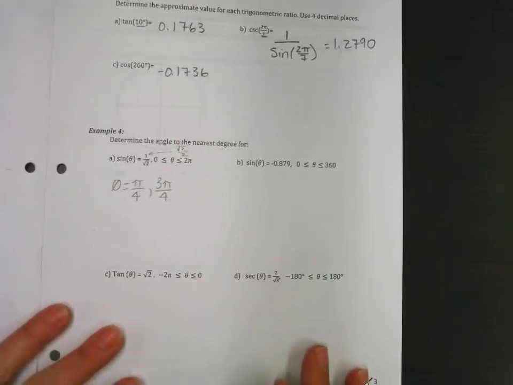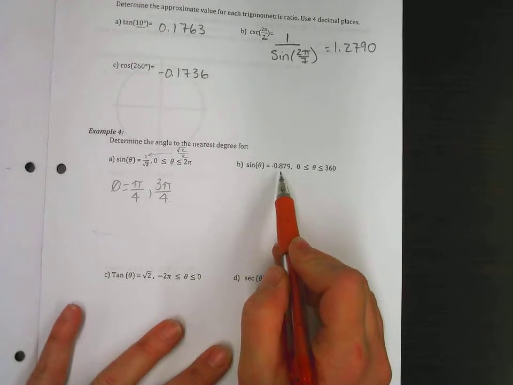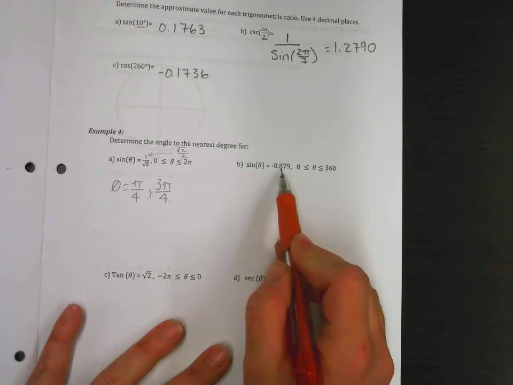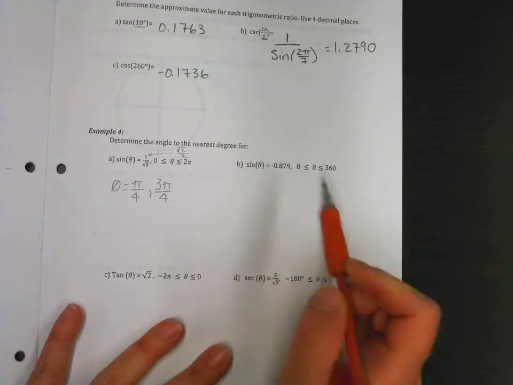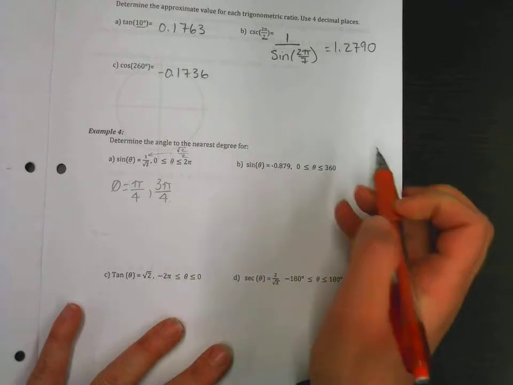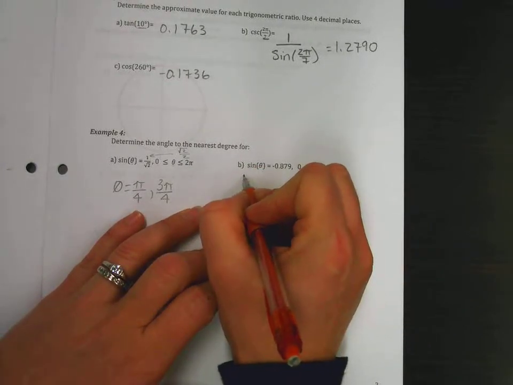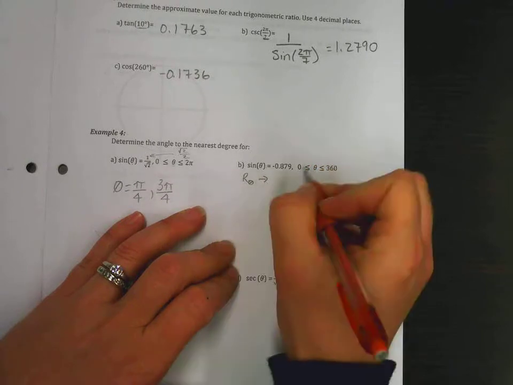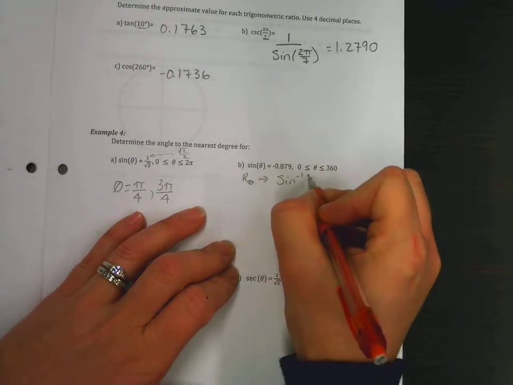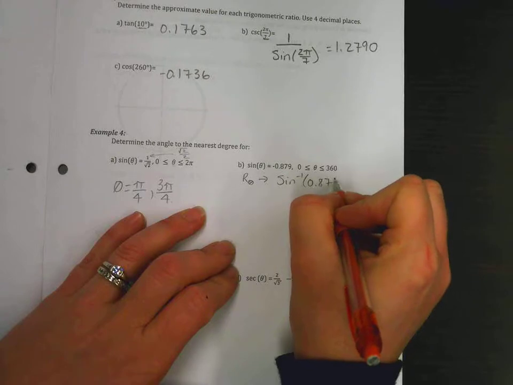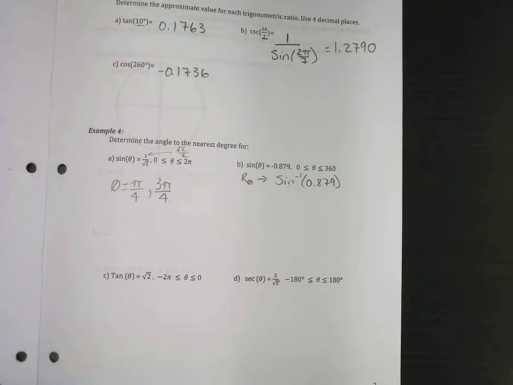All right, what if your ratio is not necessarily an exact value on your unit circle? Okay, so in this case, you need to first of all find the reference angle that relates to this ratio by typing in the positive ratio of the ratio that you're given.